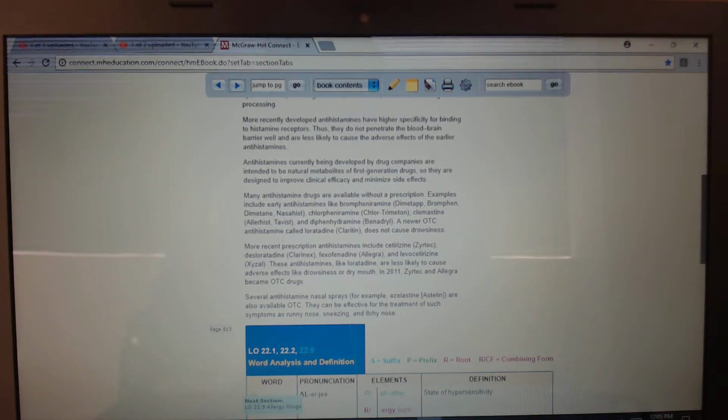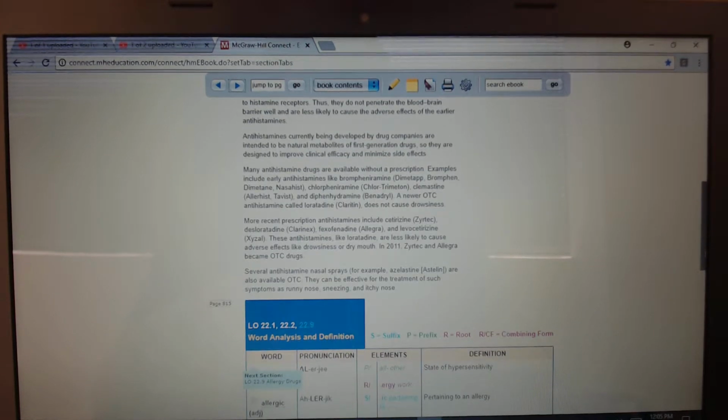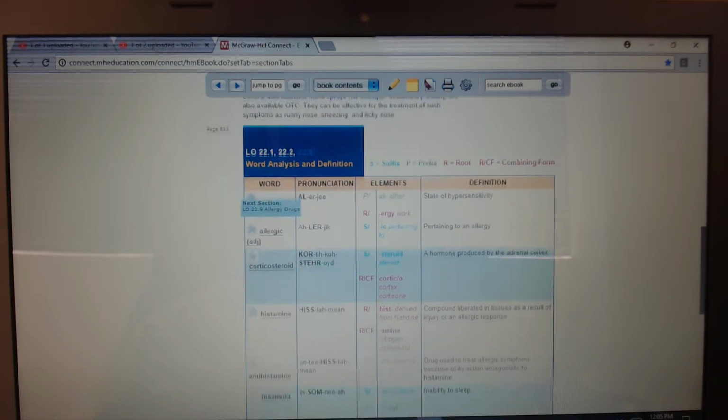Newer over-the-counter antihistamines, loratadine or Claritin, don't cause drowsiness. Most recent prescription antihistamines include Zyrtec, Clarinex, Allegra, and Xyzal. There are several over-the-counter antihistamines. Astelin is available over-the-counter. Okay.